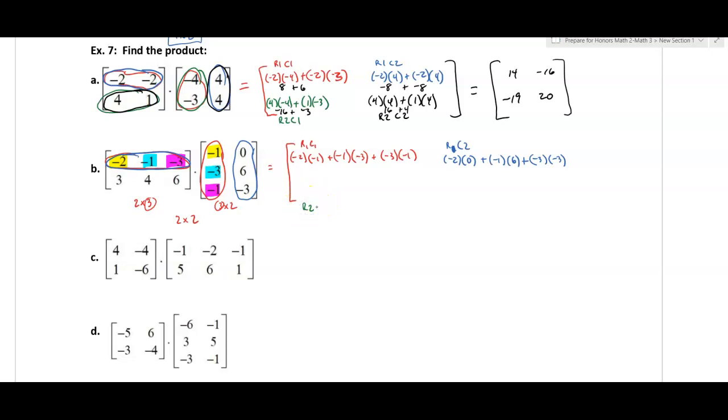Now we're going to move on to row 2 times column 1. Row 2, column 1. So, first ones we multiply, plus second ones we multiply, plus third ones we multiply.